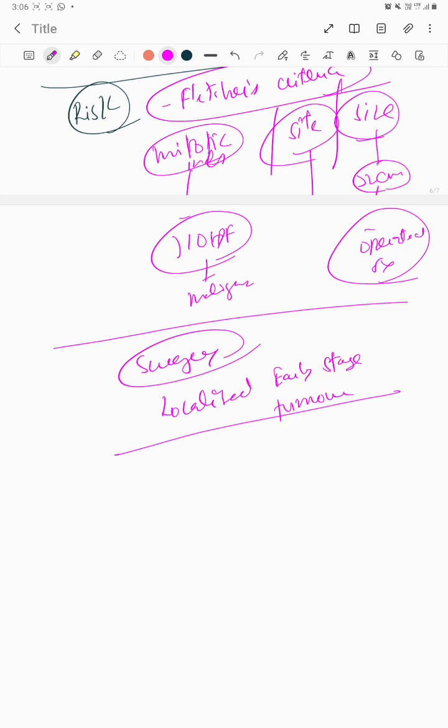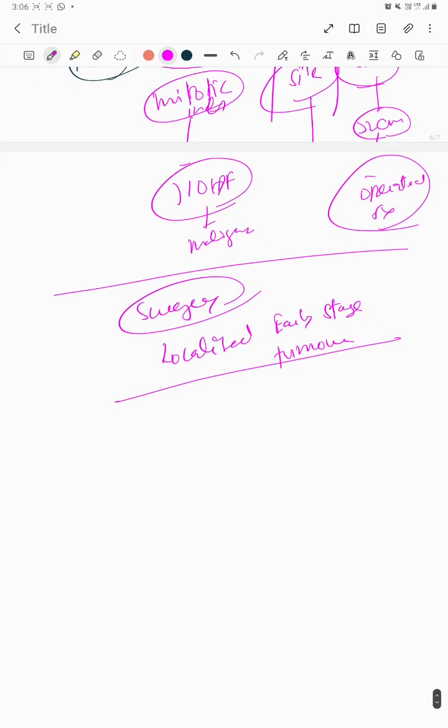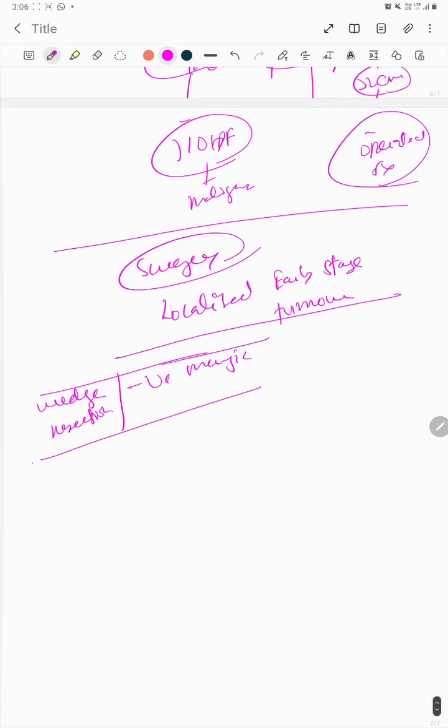The principle of surgery is simple: simple excision with negative margin. Mostly you can go for wedge resection also. Second, tumor rupture has to be avoided.